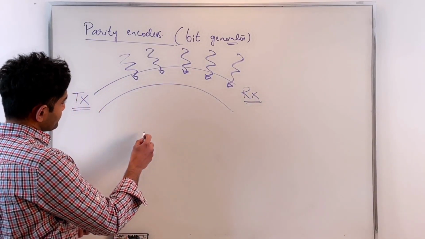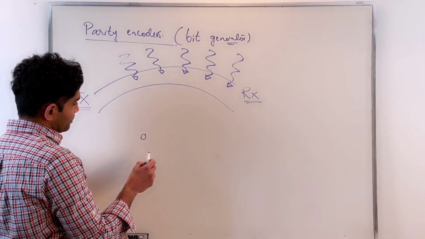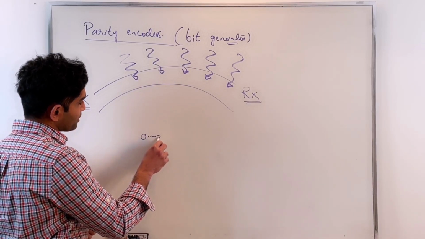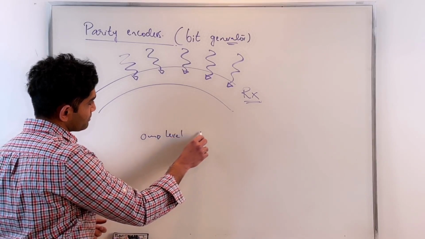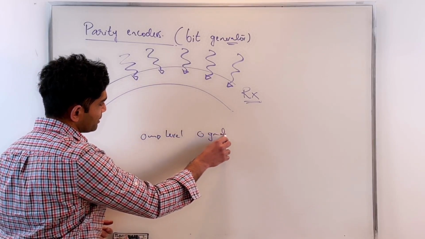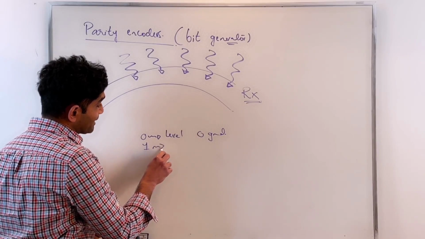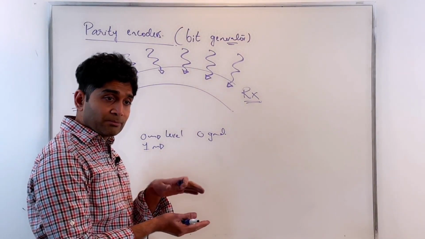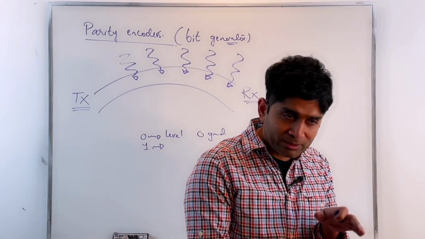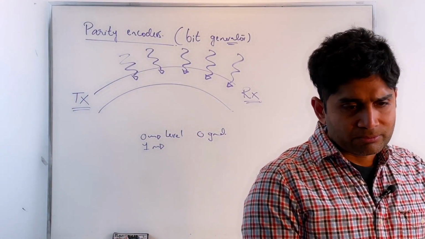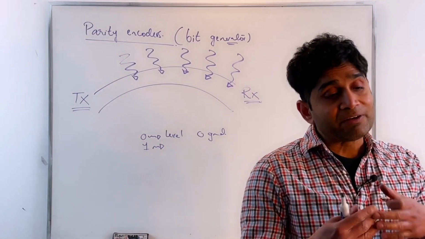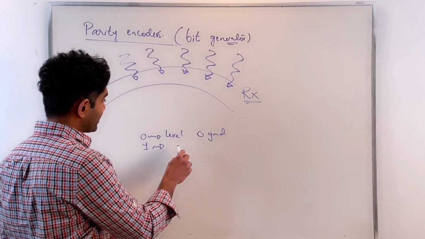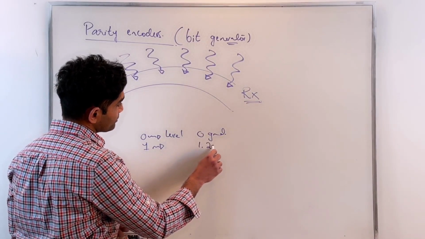So the problem is, zero corresponds to some level, let's say the ground level. One corresponds to a higher level, and in today's times, the difference between those two levels is actually reducing, because the lower the difference, the more energy efficient my system is, and the power consumption is lower. So one could be at a level of 1.25 volts.